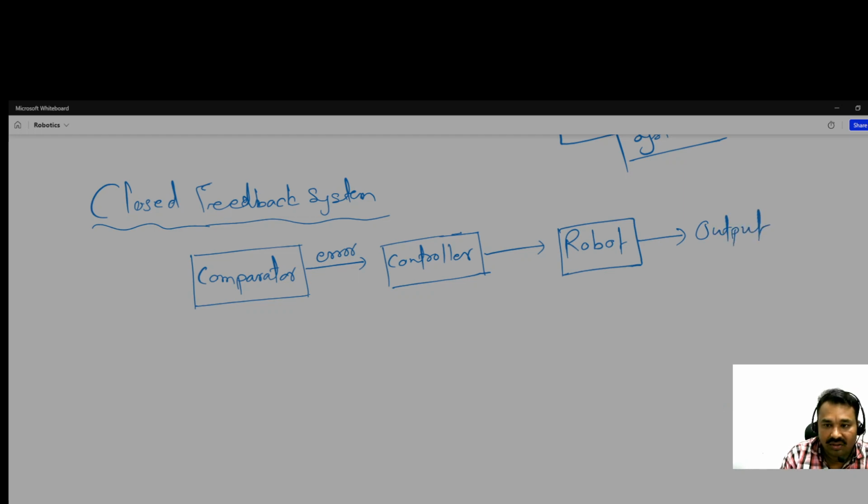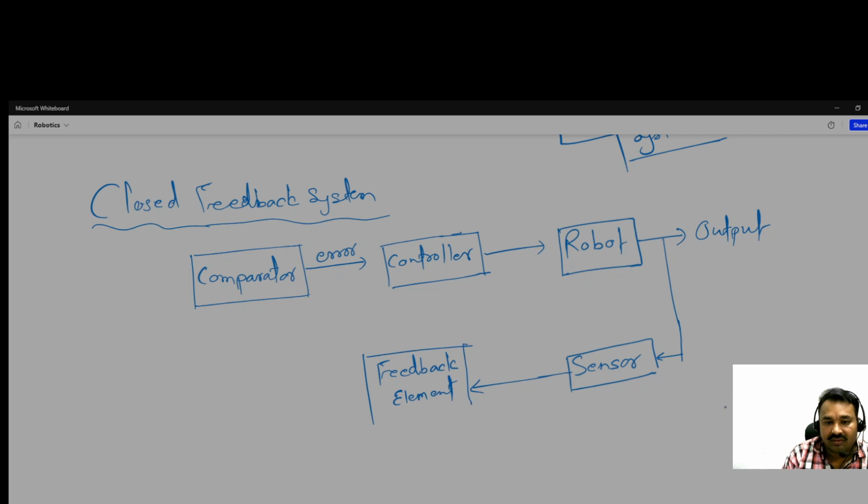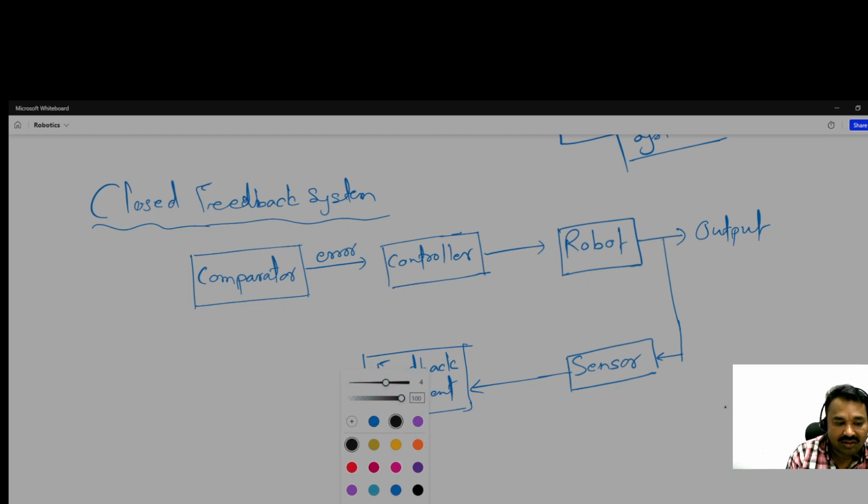This output goes to the sensor, then the sensor to the feedback element, and it is fed back to what, to the controller, sorry, comparator.